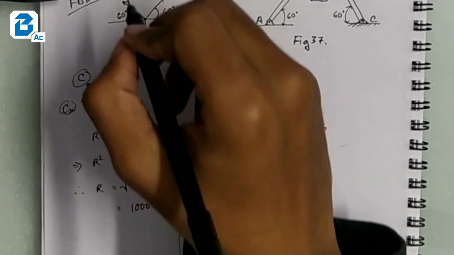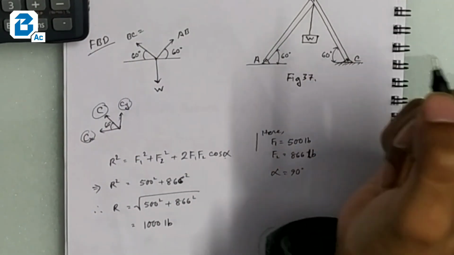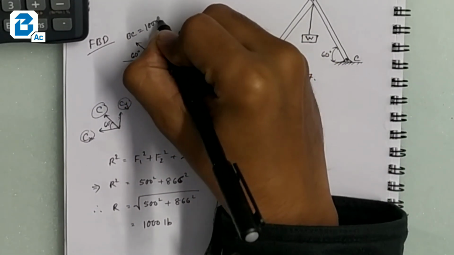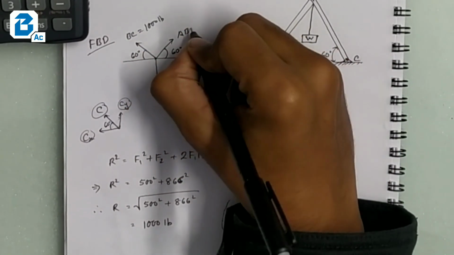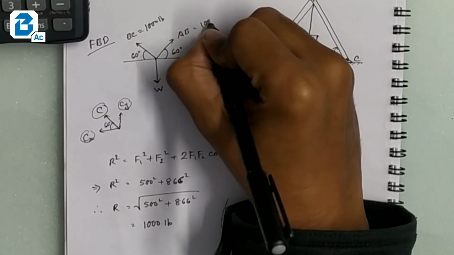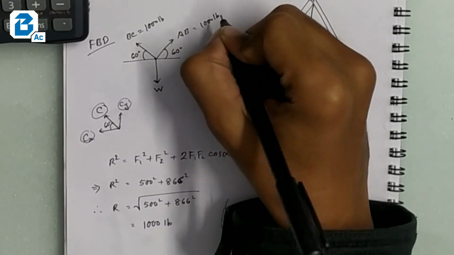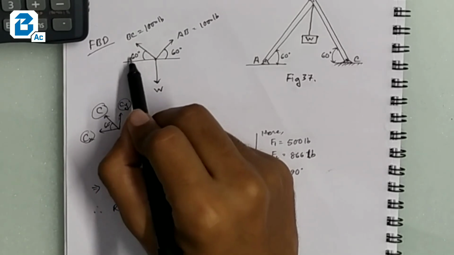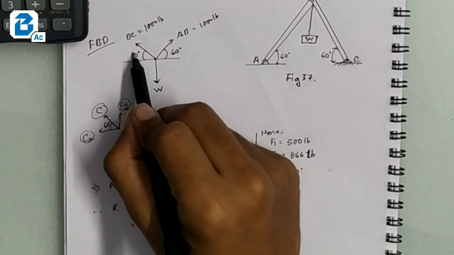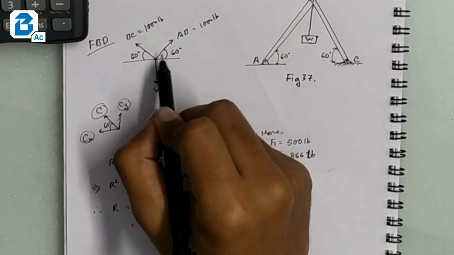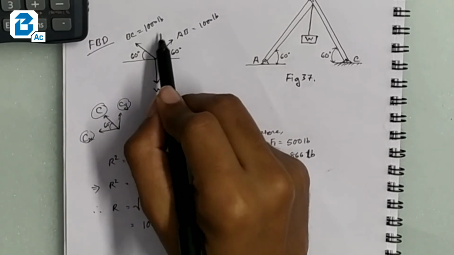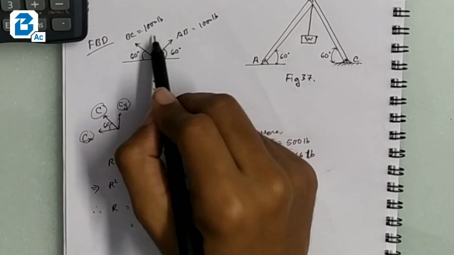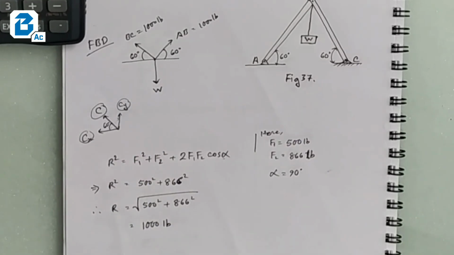Okay, so here we can write it as, in free body, this is 1000 pound, and due to symmetry AB is also 1000 pound, because both make an angle of 60 degree here and here also, so these both angles are mirrored, so the amount of force applied here will also be the same.